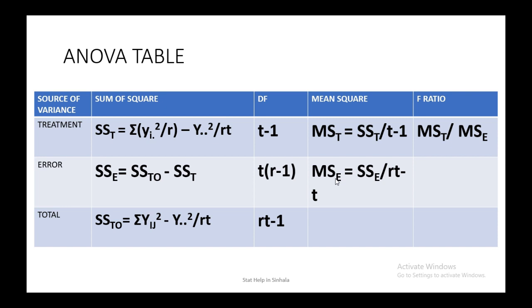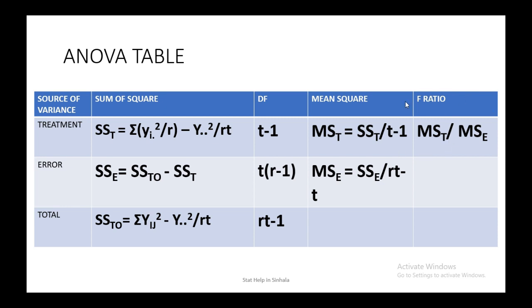So now we have mean square treatment and the mean square error. Then we can calculate the F ratio for getting a conclusion for our experiment. F ratio can be calculated by using this equation. Mean square treatment should be divided by mean square error.